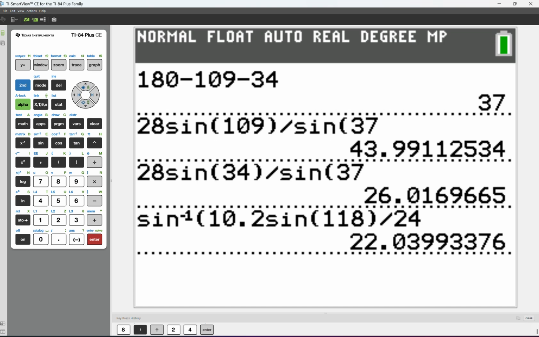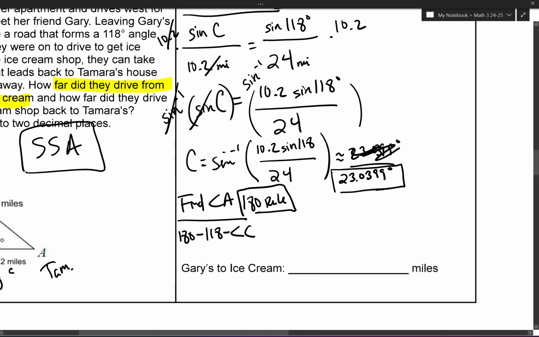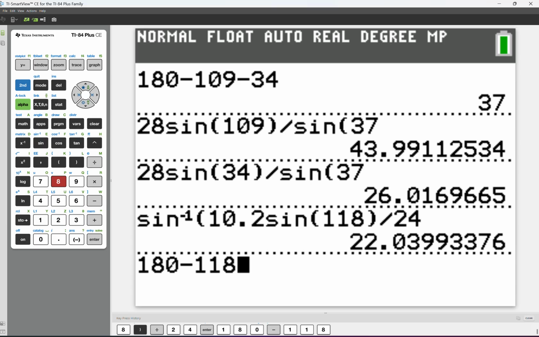So I take 180 minus 118 minus angle C, which is this thing, 22.03993376, yada, yada, yada. How do I grab that in a calculator? I click second answer, except I need to do minus first.